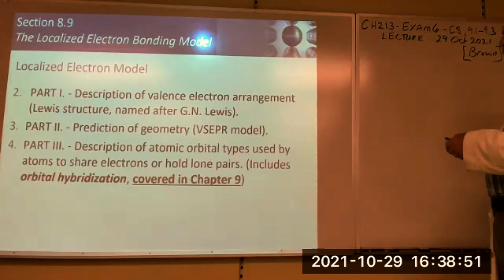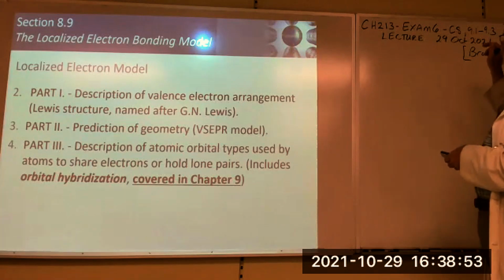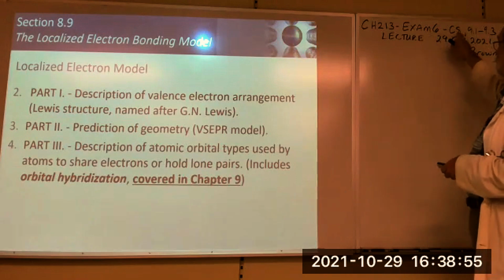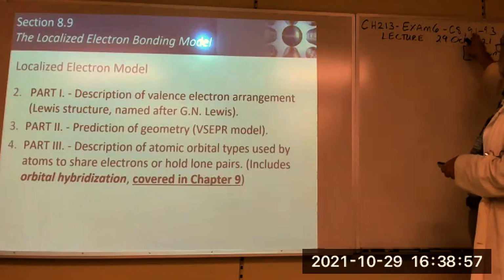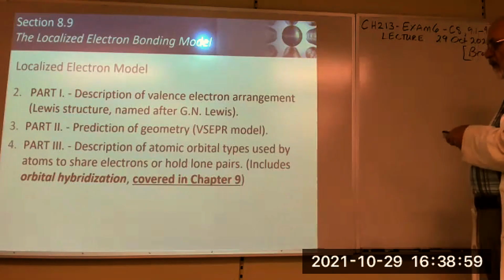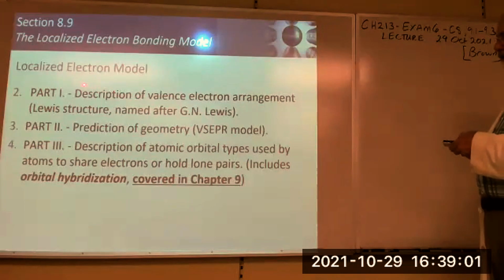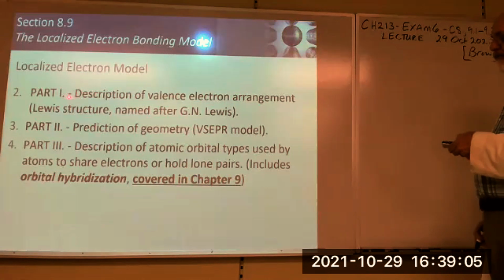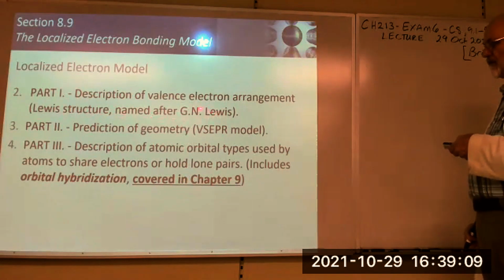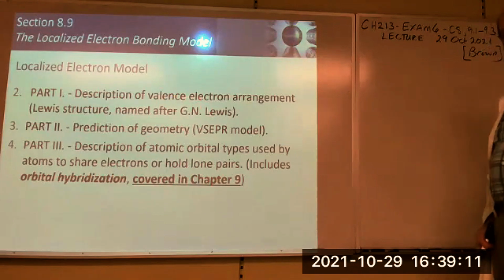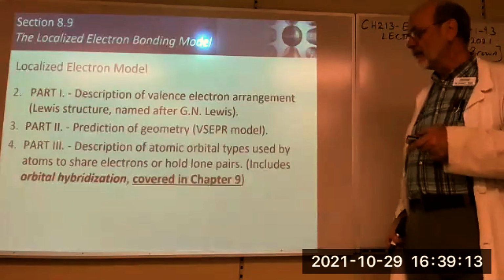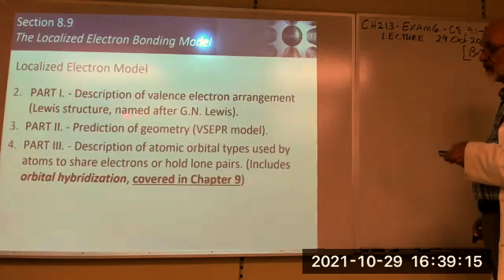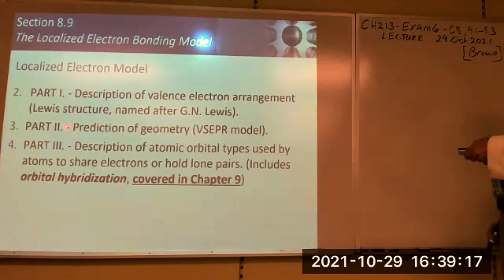Now, what we're going to do first, at least for this exam, in Chapter 8 and 9.1 to 9.3, is look at these first two, Part 1. The first step is to learn how to draw Lewis structures, and they're based upon the octet rule. Then we're going to take that information and use this.